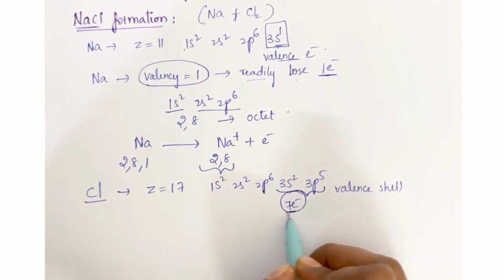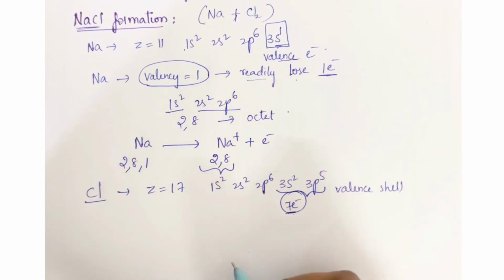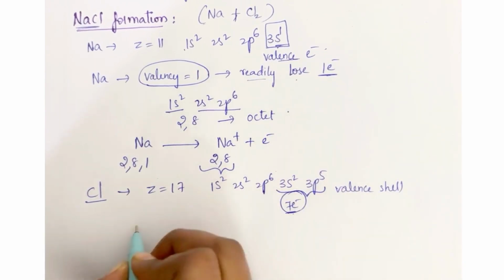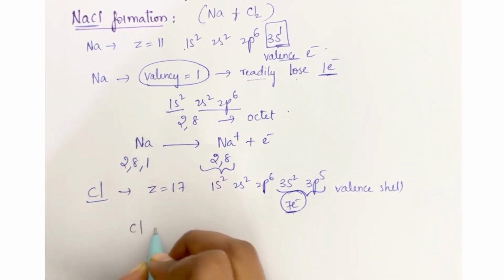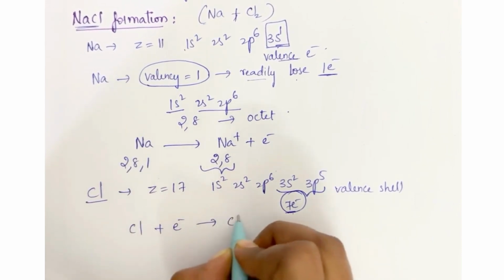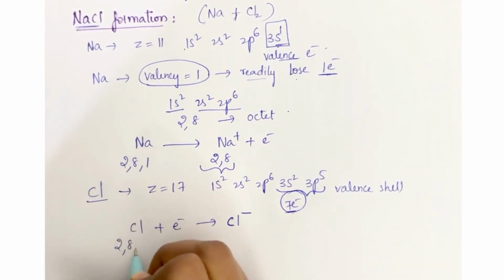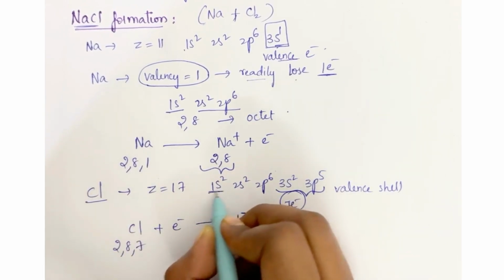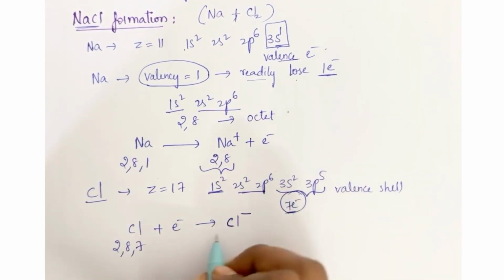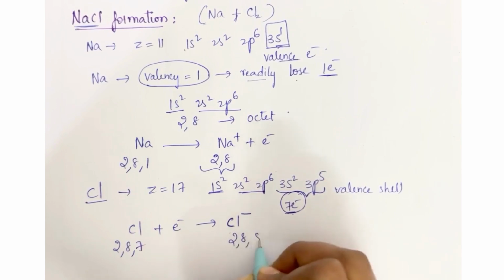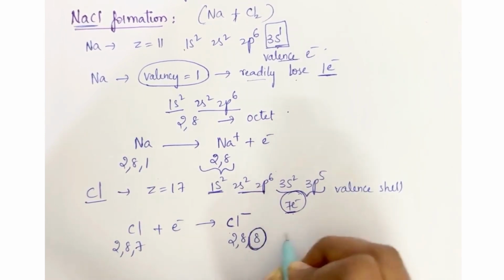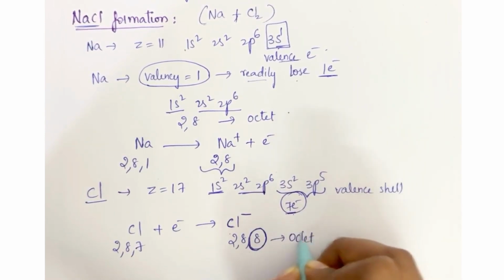But since there are 7 electrons here, it is better to gain one electron. So it gains an electron and becomes Cl minus. It was earlier 2,8,7 configuration, but now it will be 2,8,8. The valence shell is getting the octet configuration.